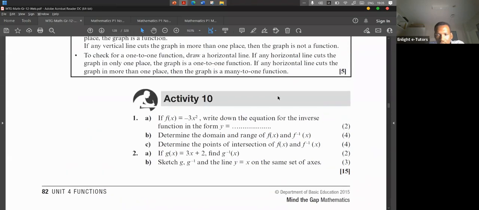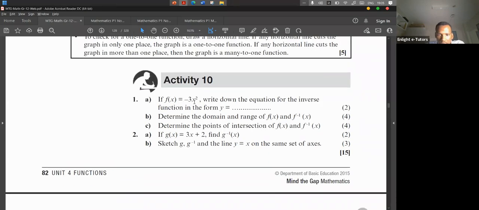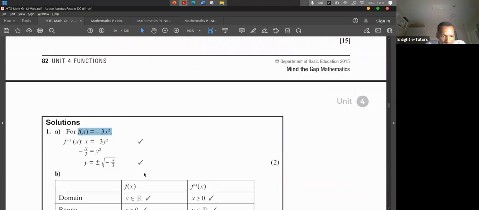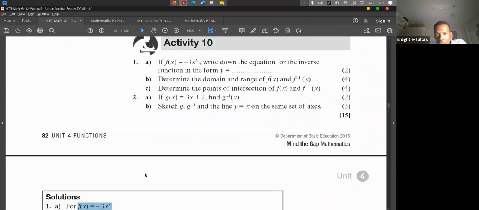I think you need to draw this one first. You can draw it so that you can be able to see. What we're dealing with here is a parabola, because it's a quadratic, and the negative sign means it's facing downwards.